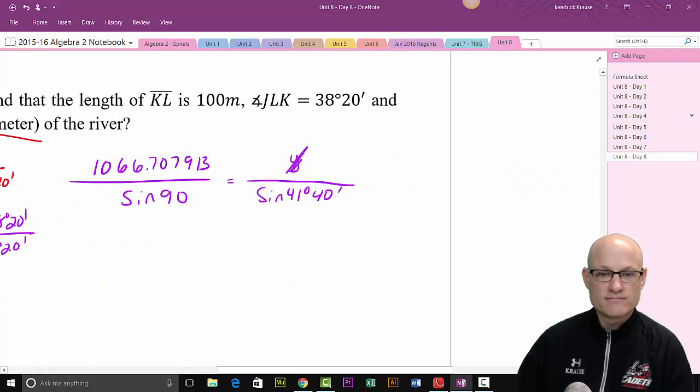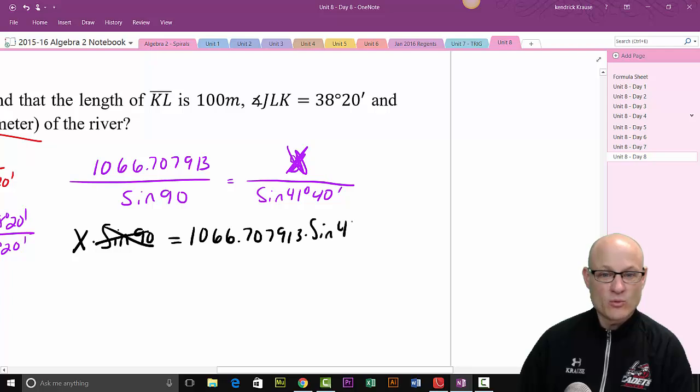All right. Grab a different color pen. We'll use black. So x times the sine of 90, but the sine of 90 is just 1, so we don't need to worry about that anymore, equals 1066.707913 times the sine of 41 degrees, 40 minutes.